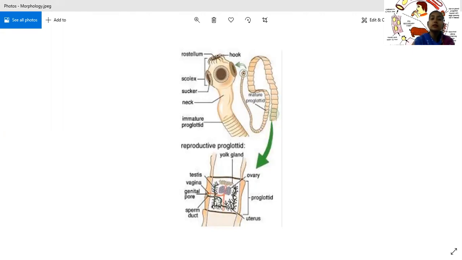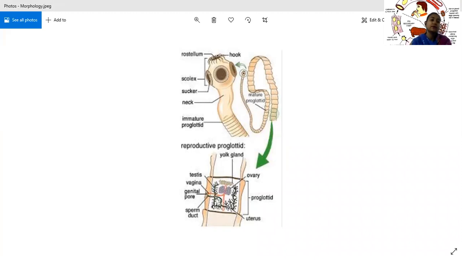The strobila is not really metameric, as several organs like the excretory system extend through the entire body, and proglottids are individual segments. Most worms are very long, occupying the entire length of the small intestine.